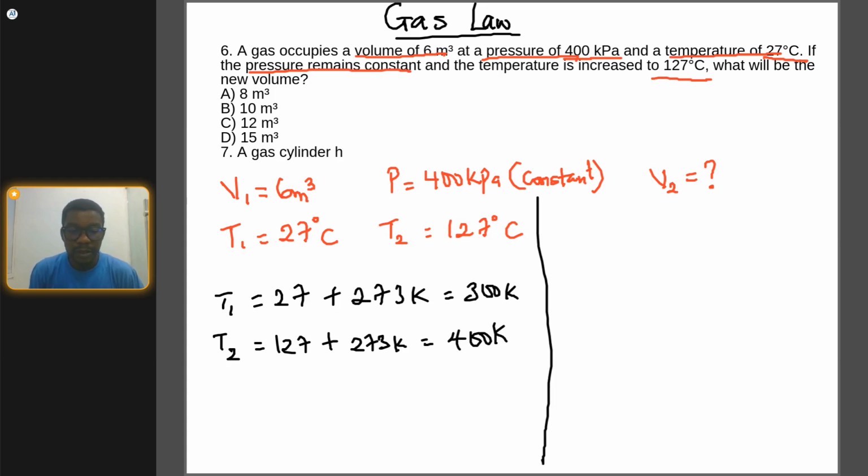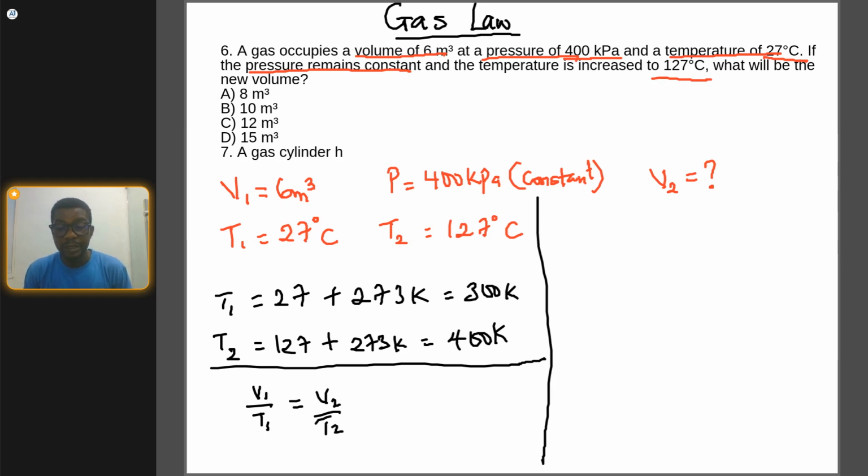Now let's proceed by writing the formula of Charles' law. Charles' law is expressed mathematically as V1 over T1 equals V2 over T2, provided that the pressure remains constant. You want to make V2 the subject of the formula.